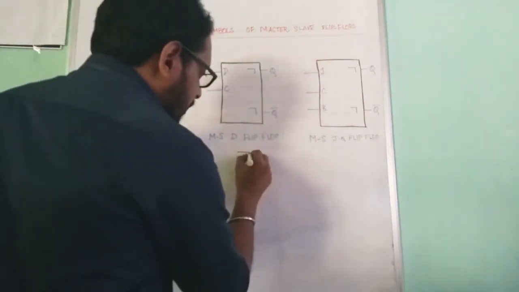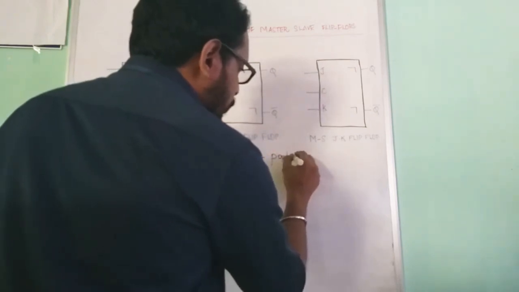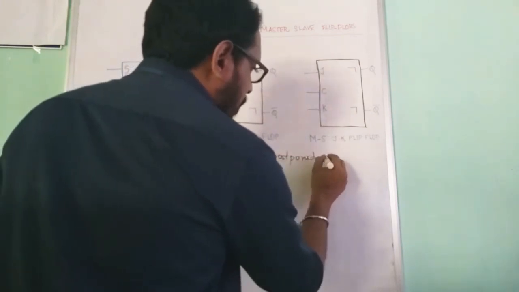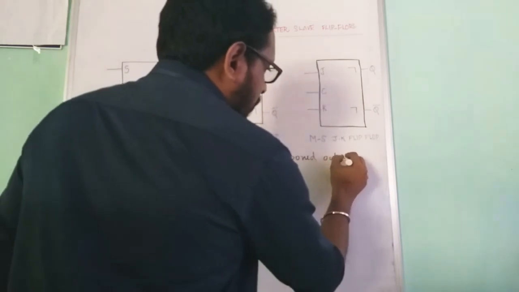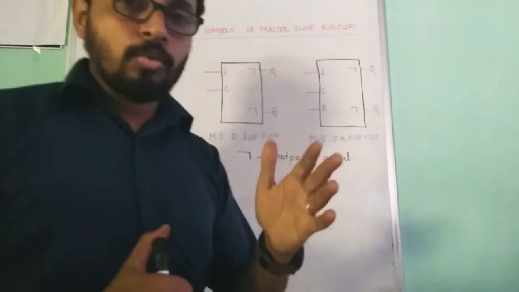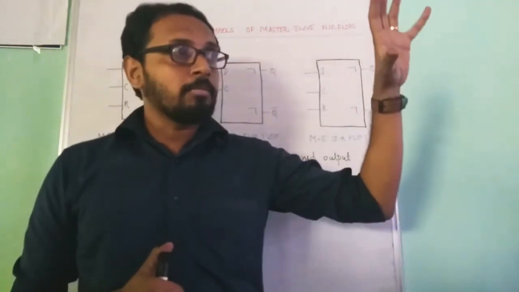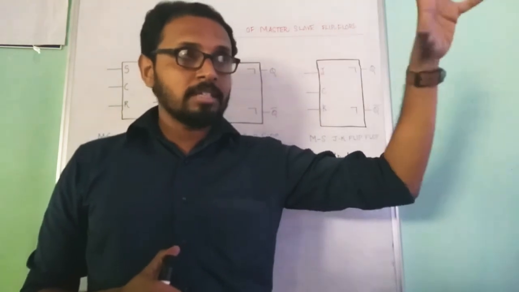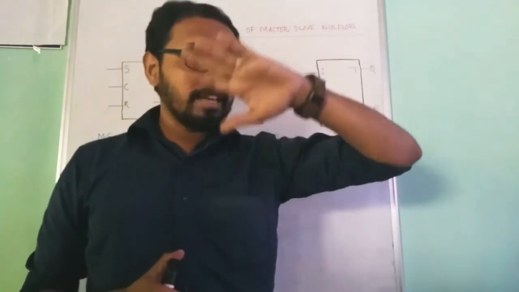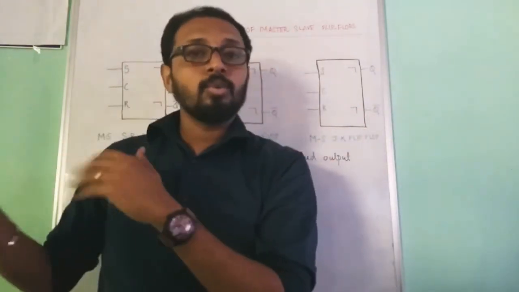It's drawn like this. It shows that we have the postponed output. Postponed output means the output depends upon both the positive edge trigger, that is the master, and during the negative edge triggering, the output of the master is given to the slave.